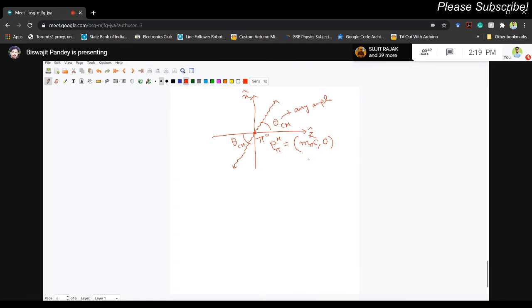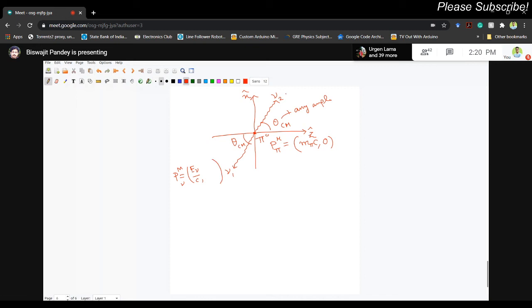Now if I ask you what is the 4-momentum of the first photon, let us call this one nu 1 and this one nu 2, the 2 photons, what is p mu of this photon? Simply energy divided by c, that is h nu by c, comma, what will be the spatial part?